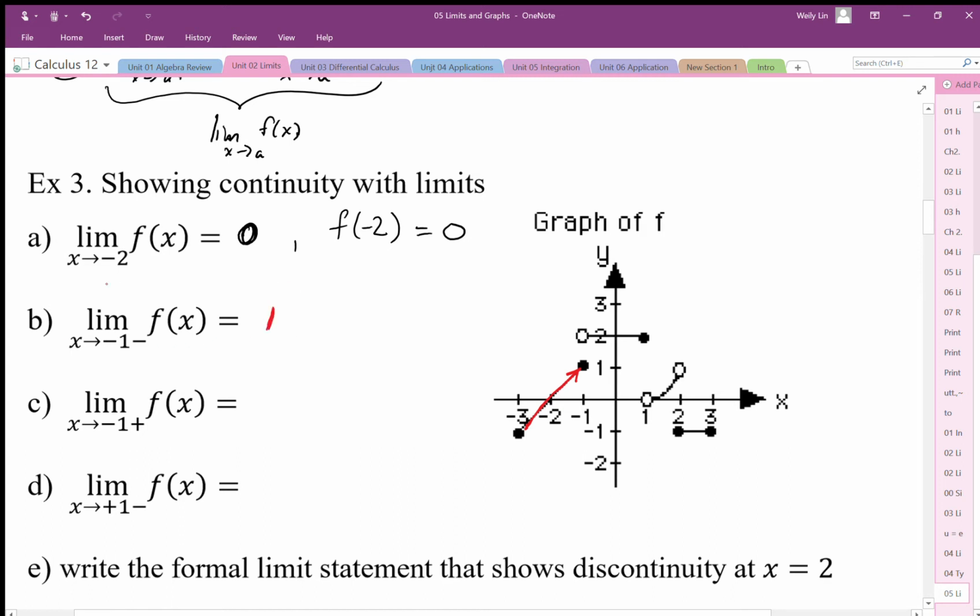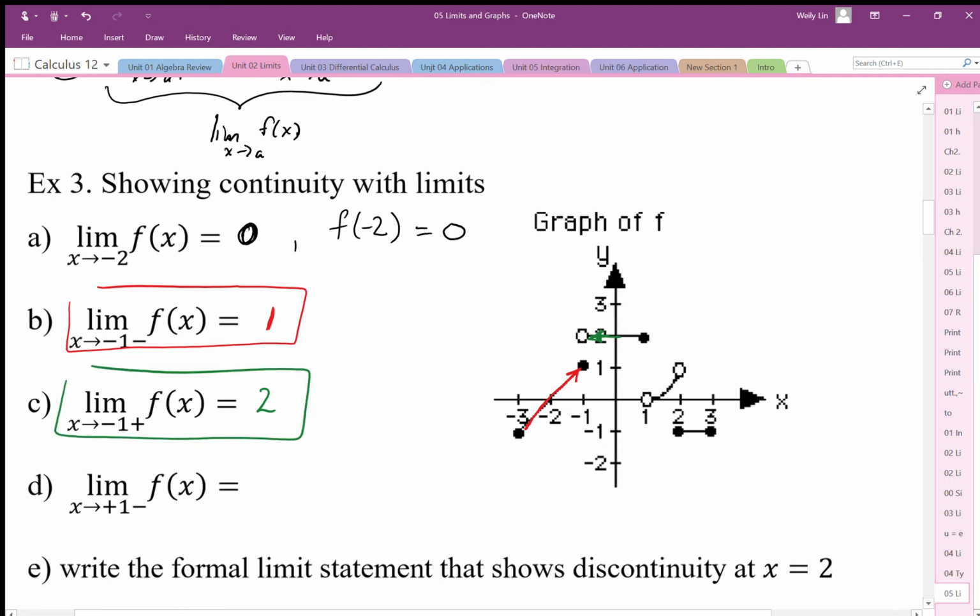As we approach it from the other side, this is our right-handed limit, it's equal to 2. Well, these are not equivalent, okay? So they're not equal, so it must be discontinuous. Okay, so these do not equal each other, therefore discontinuous.